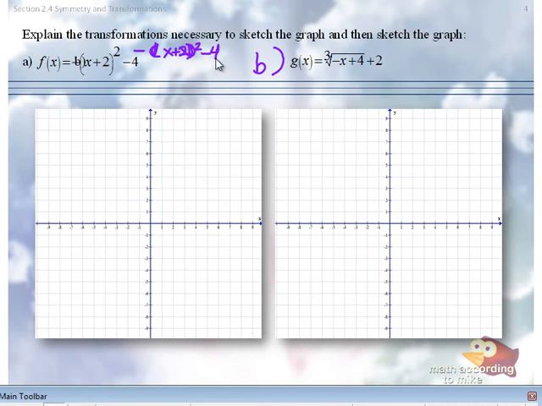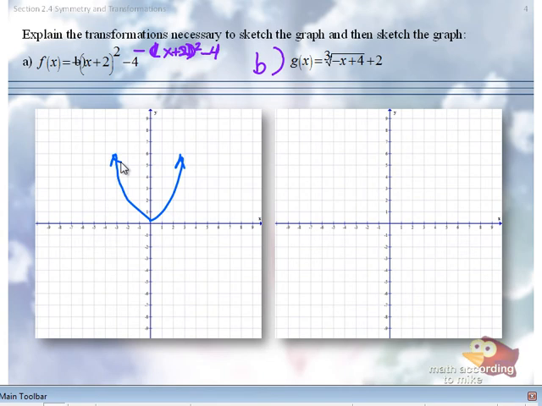PowerPoints. All right, let's work inside out. Let's first apply this x plus 2. So, well, first let's do the regular graph of the function. What does the generic graph of the function look like? X squared. So it looks like a U-shaped curve.